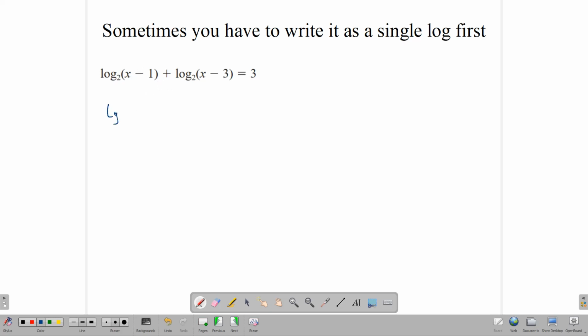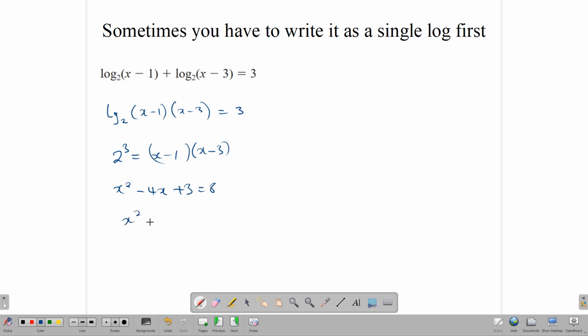So we say log to the base 2 of (x minus 1)(x minus 3) gives us 3. Therefore, we can use the exponential form of the equation to say 2 to the third is equal to (x minus 1)(x minus 3), and multiplying this out gives x squared minus 4x plus 3 equals 8.